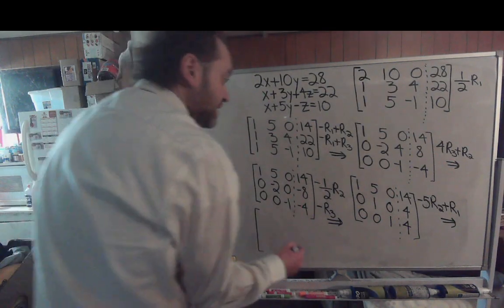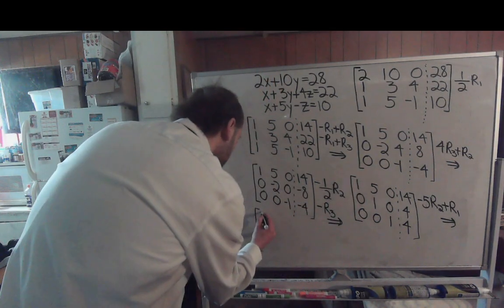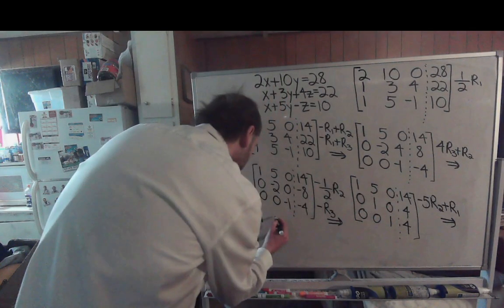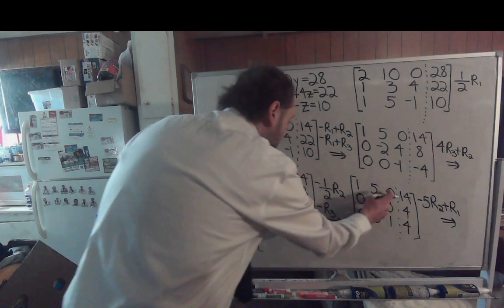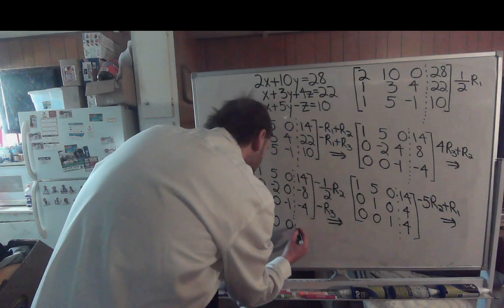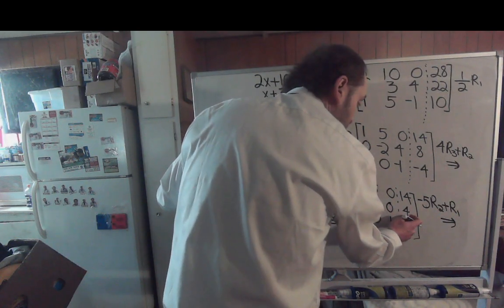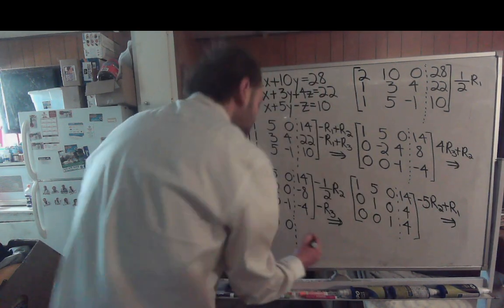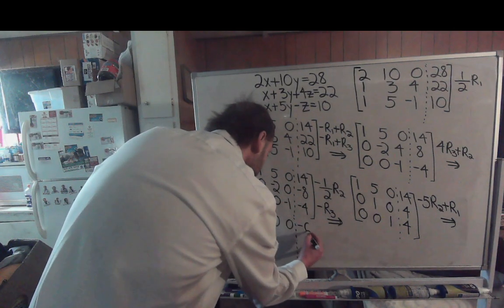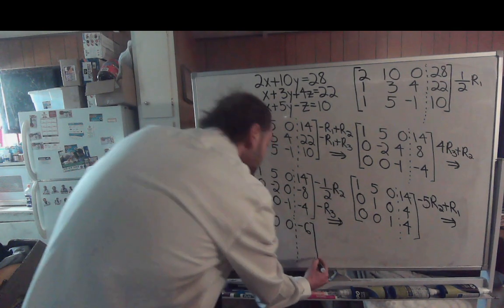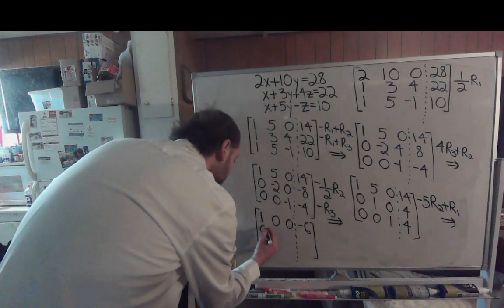So let's see. 0 plus 1 is still 1. Negative 5 plus 5 is 0. 0 plus 0 is 0. All right, negative 5 times 4 is negative 20, plus 14 is negative 6. And then you still have your other two rows.